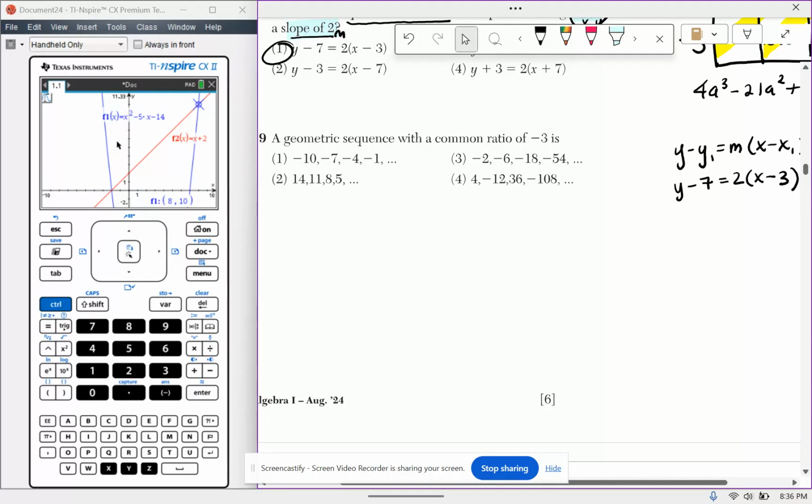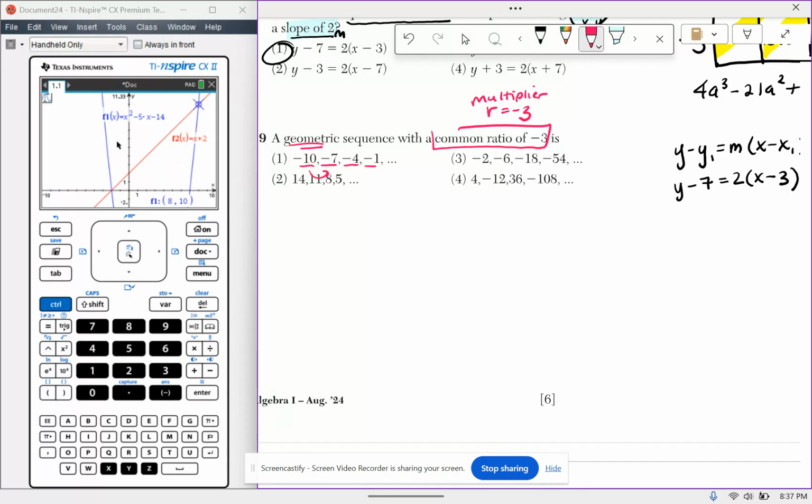19. A geometric sequence with a common ratio of -3. A common ratio of -3 in a geometric sequence tells me that r, or the multiplier, is going to be -3. So I'm looking for a multiplier of -3. I'm going to examine these numbers and see how they change.